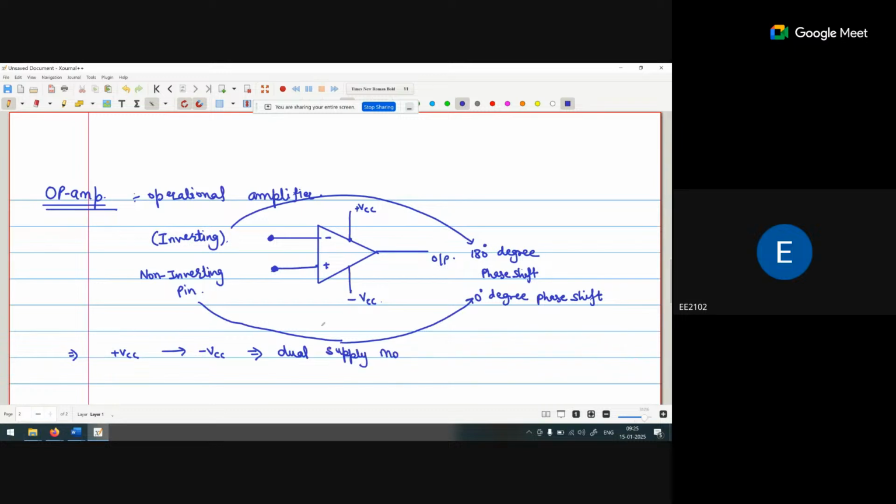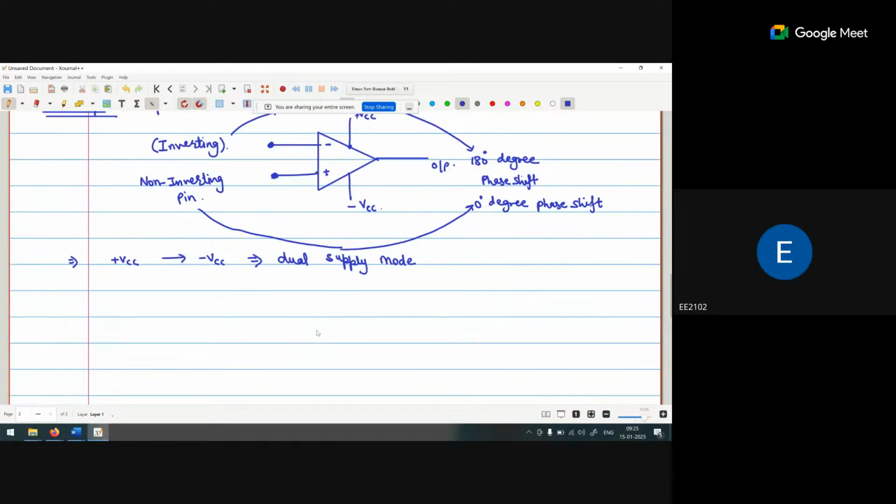Why is it called dual supply mode? Because we require two supply signals, one positive VCC and one negative VCC.